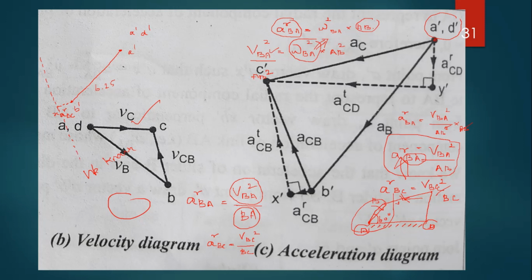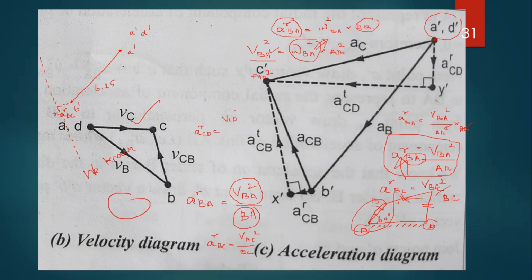Now take the third link, CD. We know that the point D is fixed. So now we have to calculate the magnitude of the radial component of acceleration of the link CD. What is the formula?